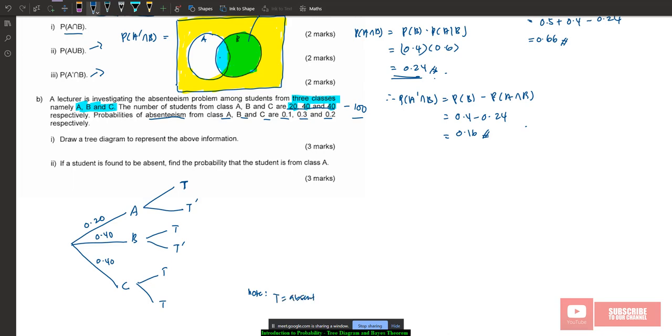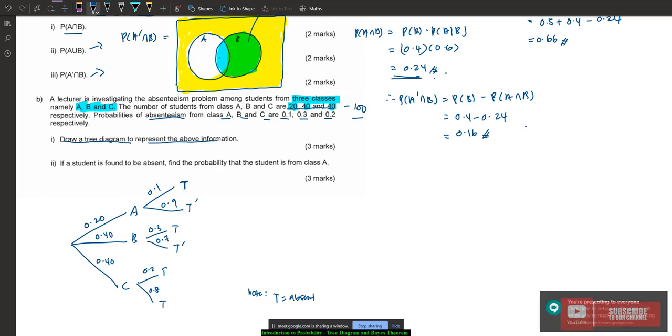So 0.1, 0.9, 0.3, 0.7, 0.2, 0.8. This is the probability of absence given each class. So we have drawn a tree diagram to represent the above situation.